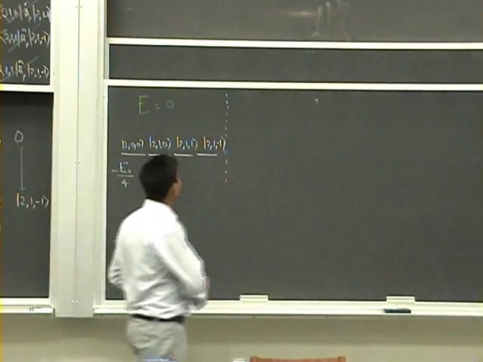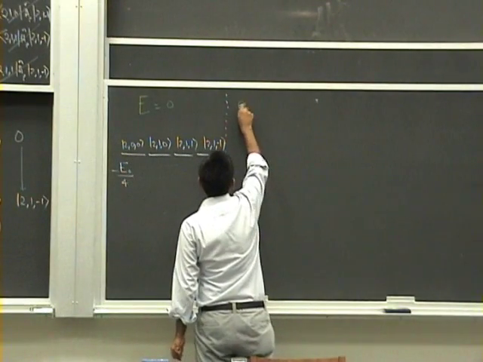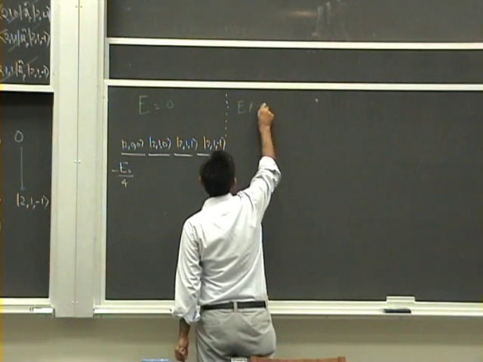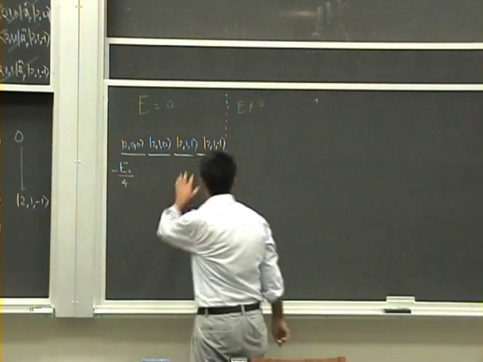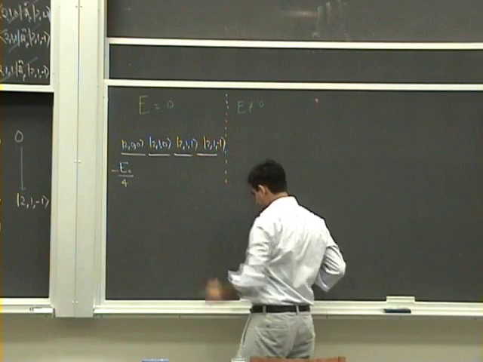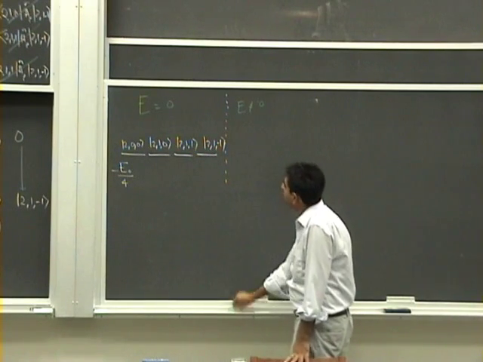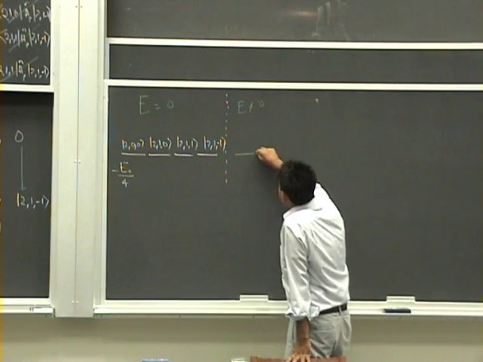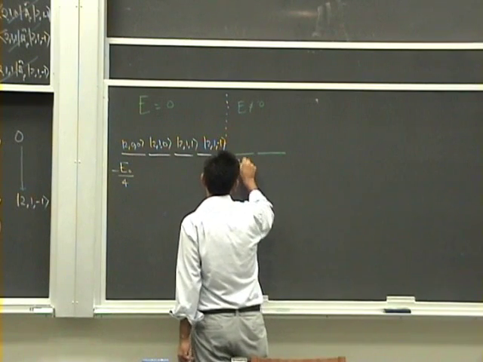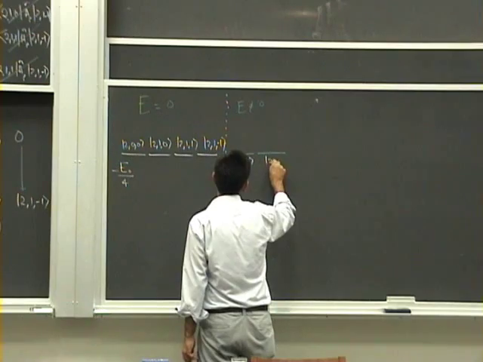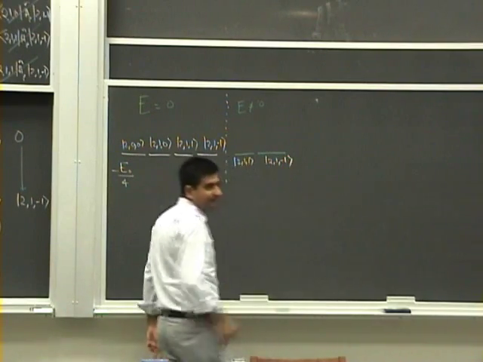Now, we switch on an electric field, which is non-zero. We see that nothing happens to the energies of these states |2 1 1⟩ and |2 1 -1⟩. So these states continue having the same energy. They remain degenerate. Okay?